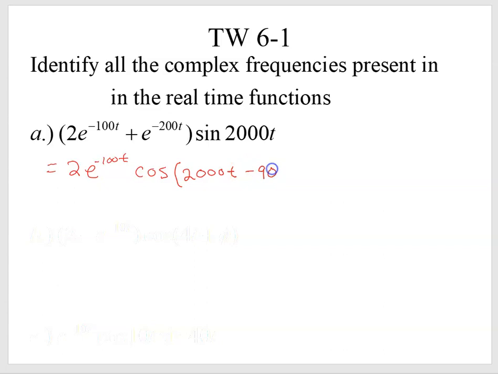Because our sine lags the cosine by 90 degrees, or our cosine leads. So that's one of them. And then the other one just has a coefficient of 1, so we'll just write e to the negative 200t cosine of 2000t minus 90 degrees. So that's our function.